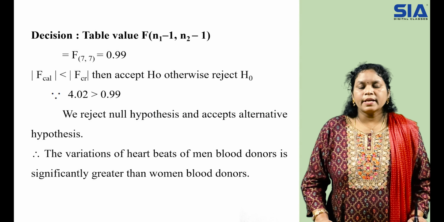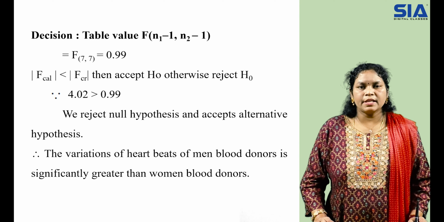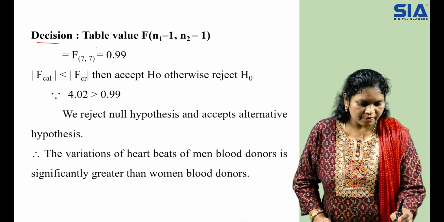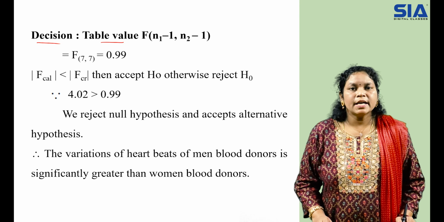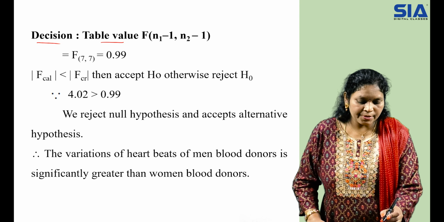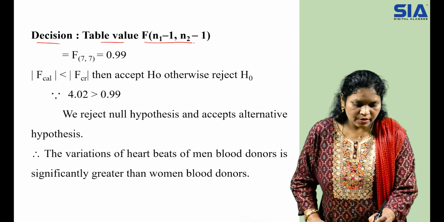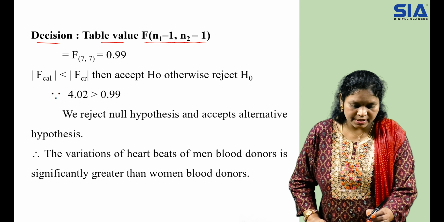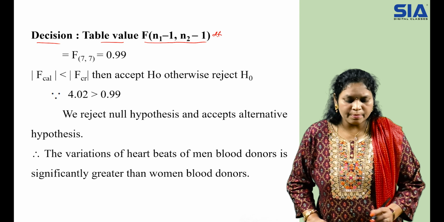Now let us go for obtaining the critical value, then finally let us go for the conclusions. To take the decision we need the table value to compare it. So how will we consider the table value? F with (n1 minus 1, n2 minus 1) degrees of freedom, because it's a small sample test.